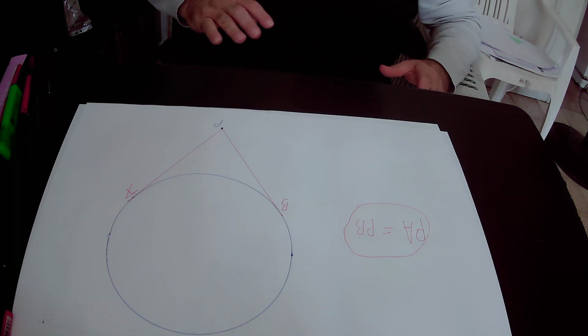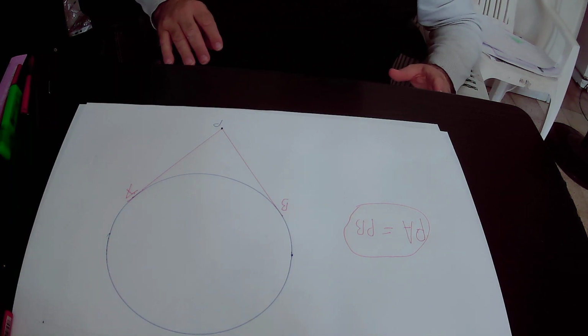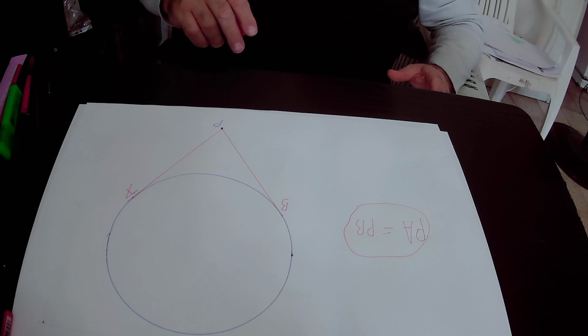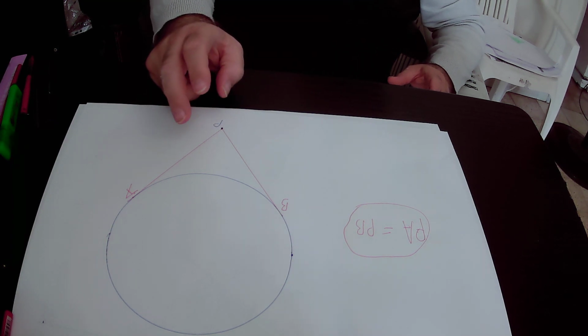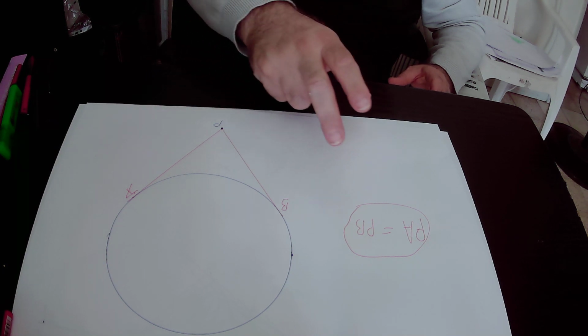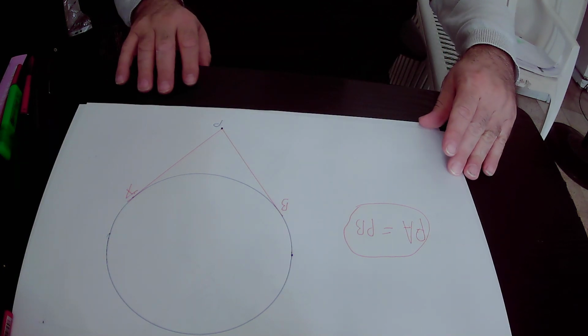So whenever you draw two tangents to a circle from an external point, the lengths of those two tangents will be equal.